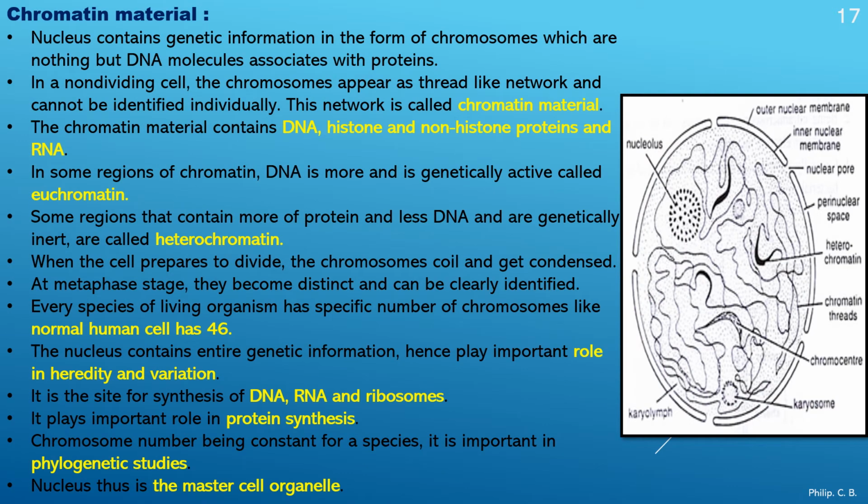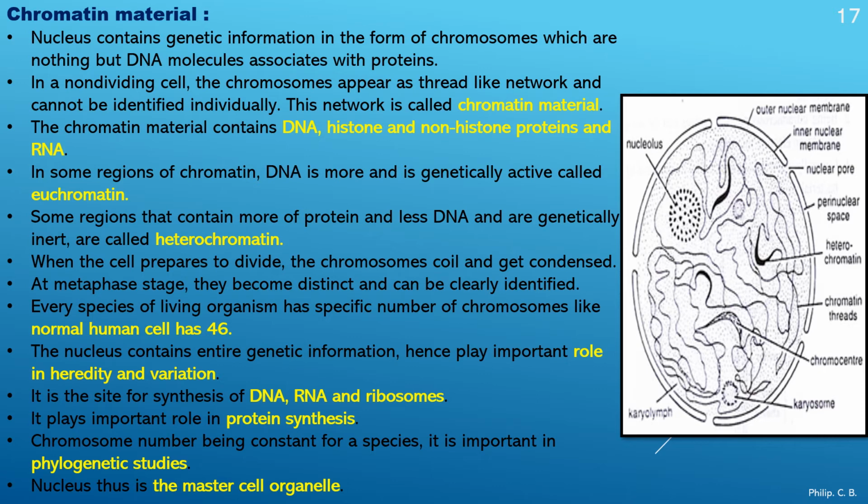Now, the chromatin reticulum, which is present in the nucleus. The nucleus contains genetic information in the form of chromosomes, which are nothing but DNA molecules associated with proteins. In a non-dividing cell, the chromosomes appear as a thread-like network and cannot be identified individually. This network is called chromatin material, which you can see in the image on the right side, the thread-like structure. The chromatin material contains DNA, histone and non-histone proteins and RNA.